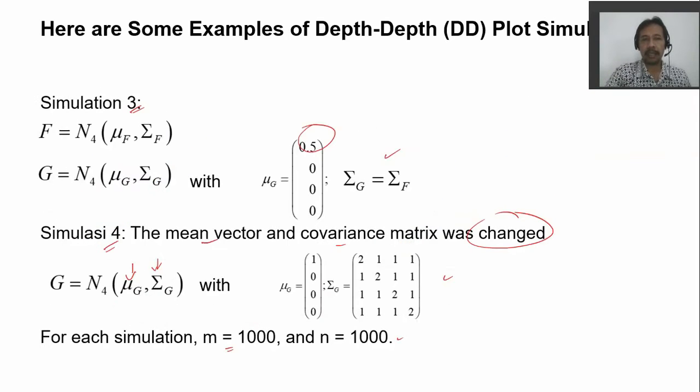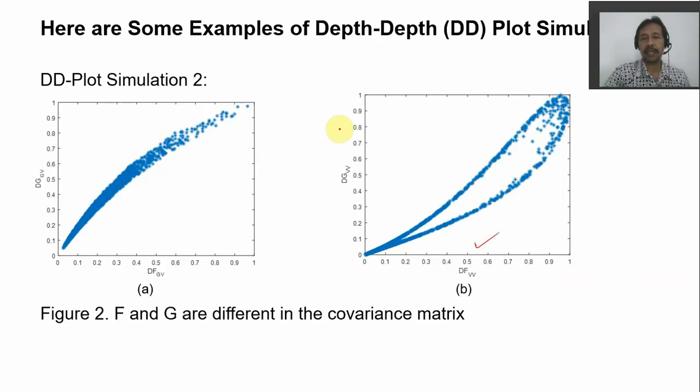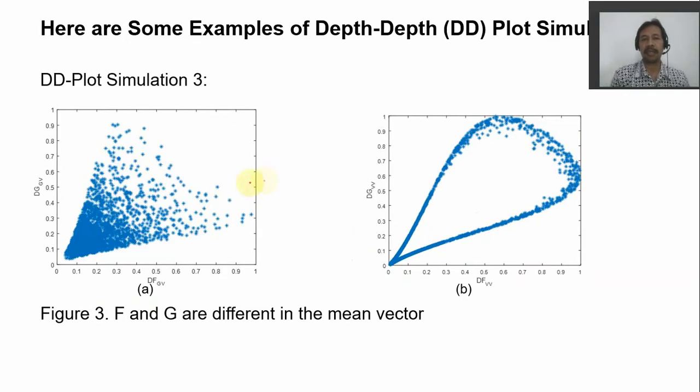Okay, then number 3. Number 3 is the simulation with an outlier in the first variate. We can see the difference between Mahalanobis depth and vector variance depth shown in figure 3 here. F and G are different in the mean vector.